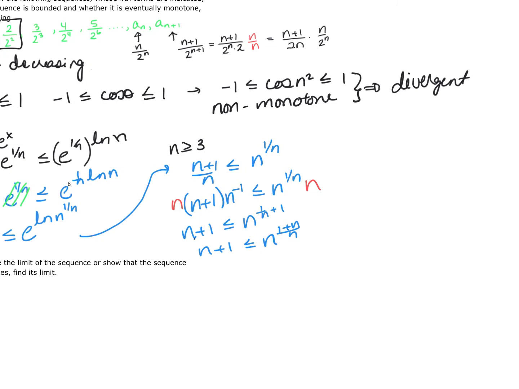Now I'm going to raise both sides to the power 1 over 1 plus n, and that's not going to change the direction of my inequality. So I have n plus 1 raised to the 1 over 1 plus n, which is less than or equal to n raised to the 1 over n. But this left-hand side is the definition of a sub n plus 1.